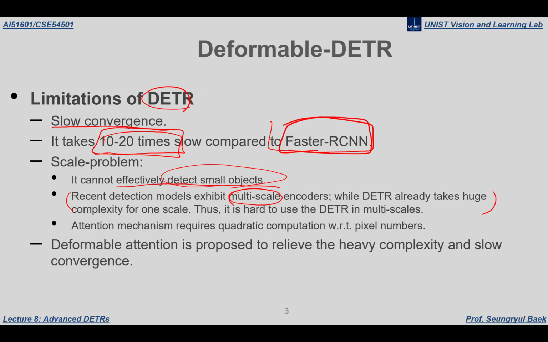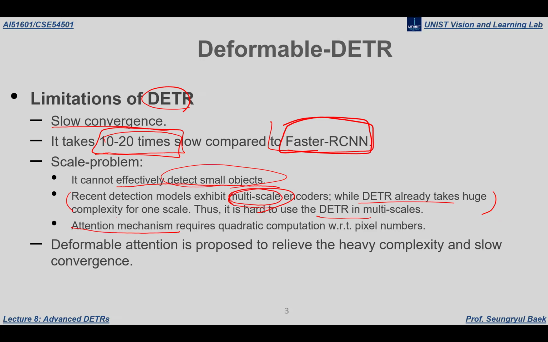But the thing is, if we involve multi-scale features in the DETR architecture, then DETR already takes a lot of resources, and extending the DETR to multi-scales will also take a lot of resources. So that is somehow a dilemma in developing the DETR.